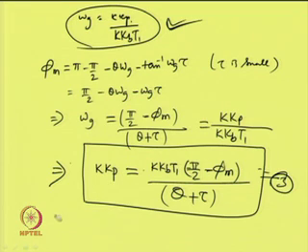Earlier we have made the assumption, please keep in mind that those assumptions are T I is equal to T D is equal to T 1.